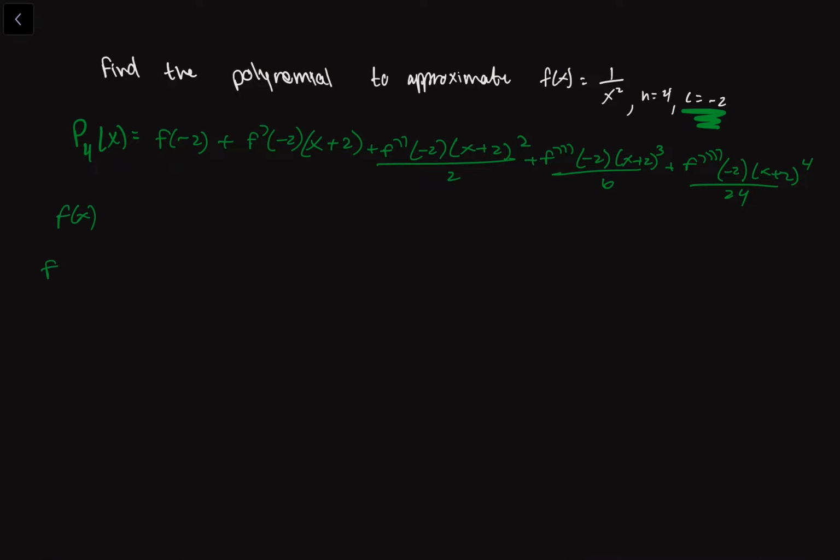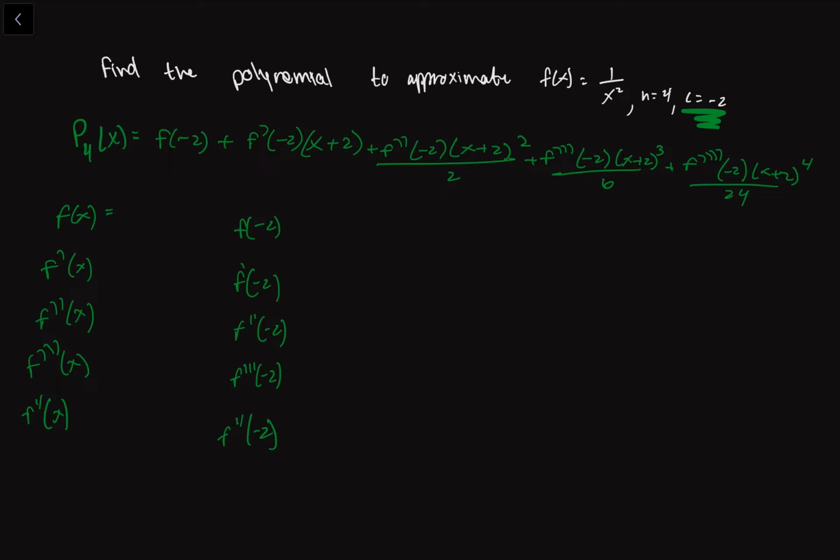F of x, we need f prime of x, we need f double prime of x, the third derivative of our f of x, and finally the 4th derivative. And then we need to evaluate all of those at negative 2. So f prime of negative 2, f double prime of negative 2, f triple prime of negative 2, finally the 4th derivative of our function evaluated at negative 2.